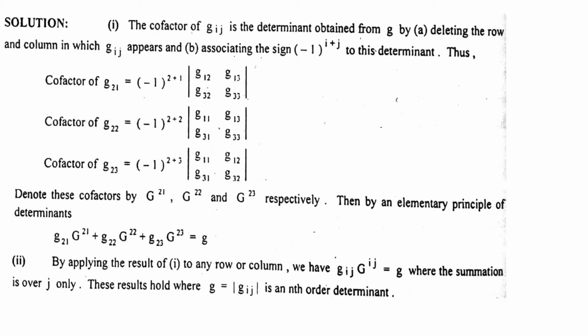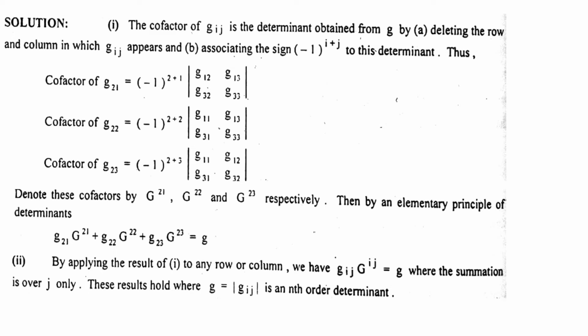Solution. The cofactor of gij is the determinant obtained from g by deleting the row and column in which gij appears and associating the sign (-1) to the power i plus j to this determinant. Thus, the cofactor of g21, as we are taking the cofactors of the second row, to find the determinant of g in terms of elements of the second row.